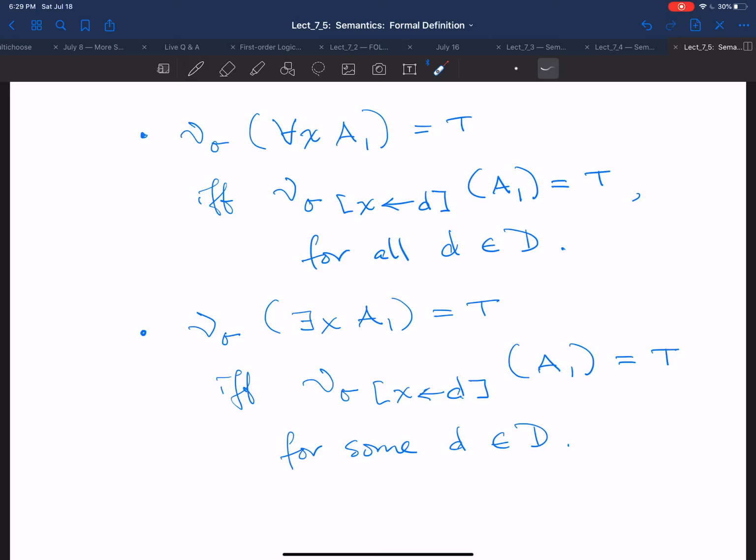Okay, so again, the universal formula is true if for all elements d that we might assign to the variable symbol x, A1 comes out to be true. The existential formula has the truth value t if and only if for some element little d of the domain to which we can reassign the variable symbol x, A1 comes out to be true.